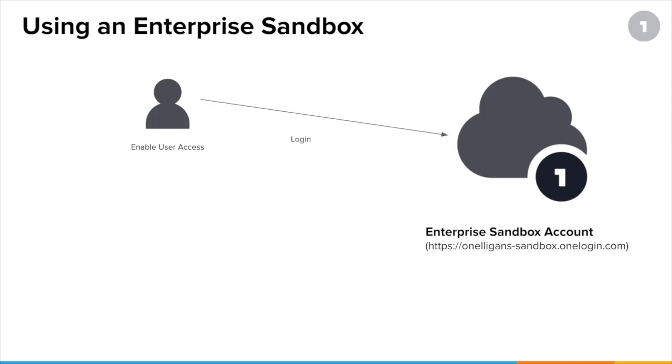Then, you can log in and perhaps create new mappings and test them out, or enable new features, or even configure other functionality like RADIUS or TIDP that you haven't configured yet for your production. You could even do performance testing if you wish, since the Enterprise Sandbox has the same number of objects as your production environment.